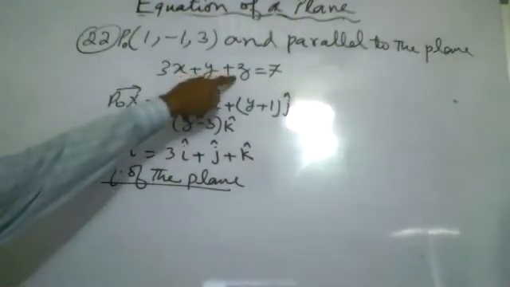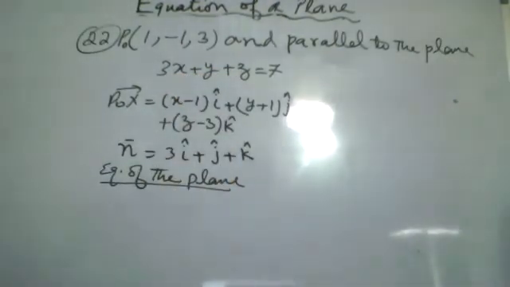Coefficient of z is 1, 1k. This is the normal vector n. And I also told you if the equation of the line is given, how to find the parallel vector: the coefficient of t in x is written with i, in y with j, and in z with k.